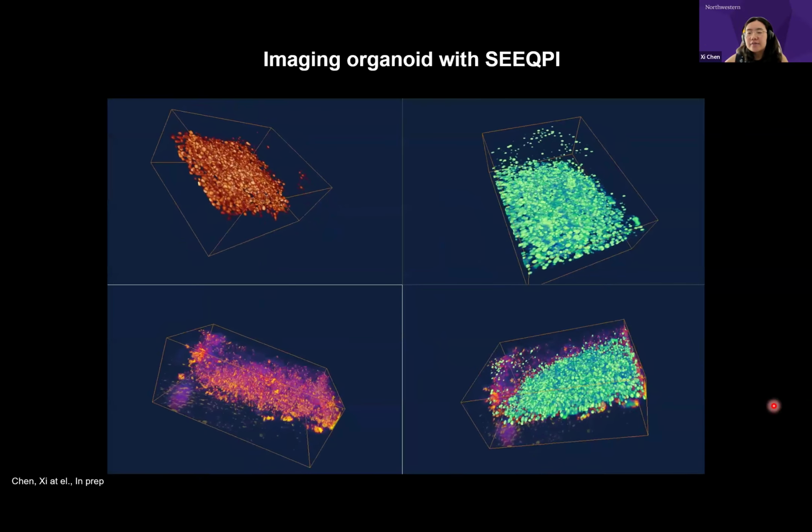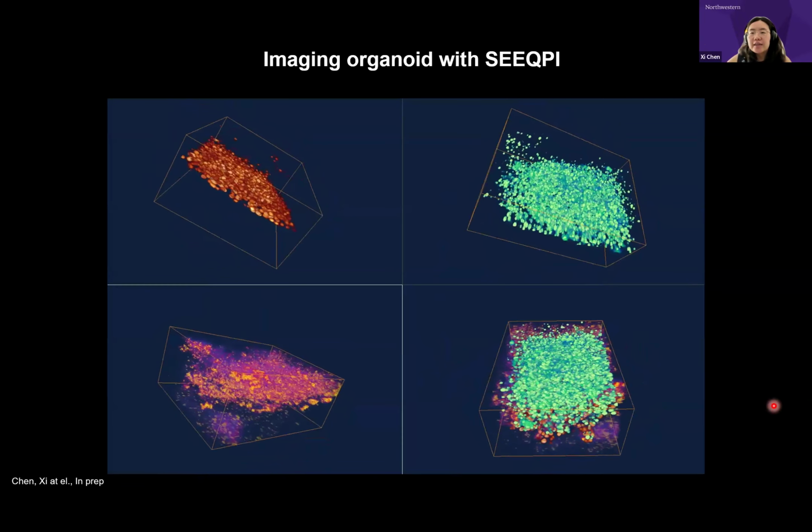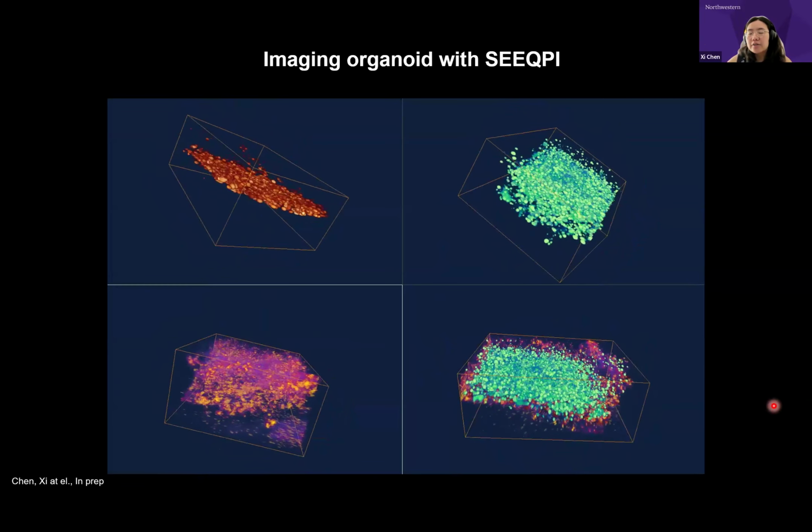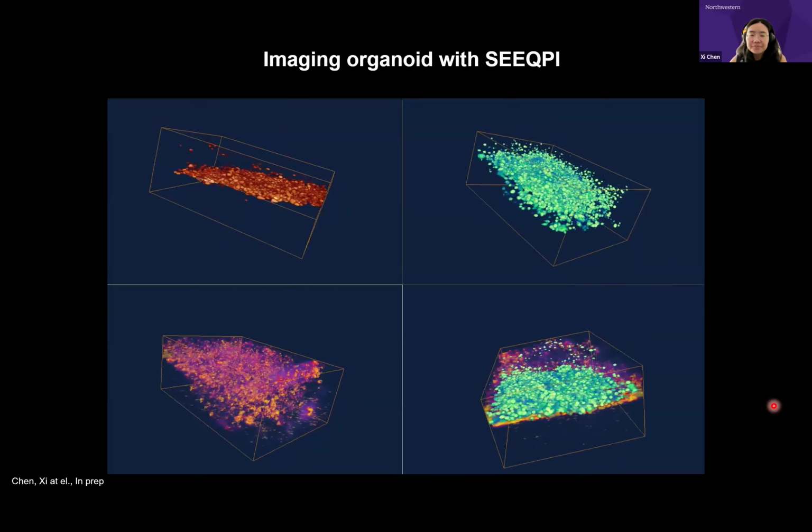So now we have validated this CQPI method. We can use it for samples where we do not know the phase shift.